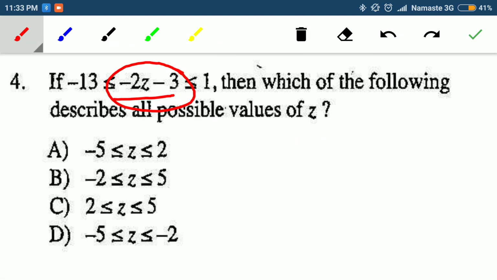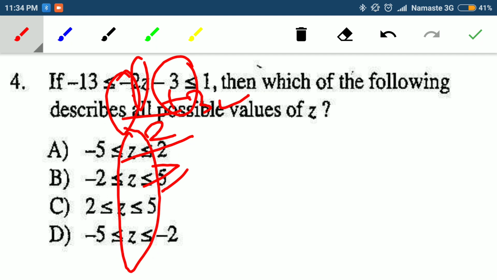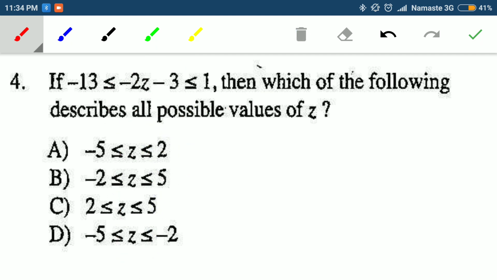For this one, we are eliminating minus 3 as plus 3. Then we have 2, which is multiplication, so we divide by 2. And this minus sign means we need to change the sign, the flip of the sign. Three steps have to be done. First, elimination of 3. Secondly, elimination of 2, and thirdly, elimination of the minus sign, because we have positive z in all the options.